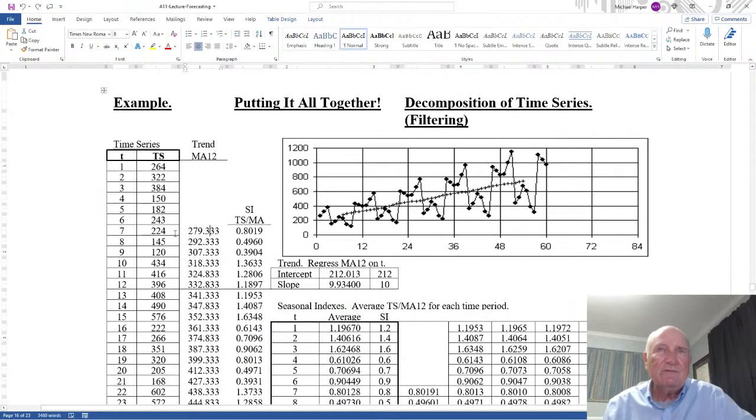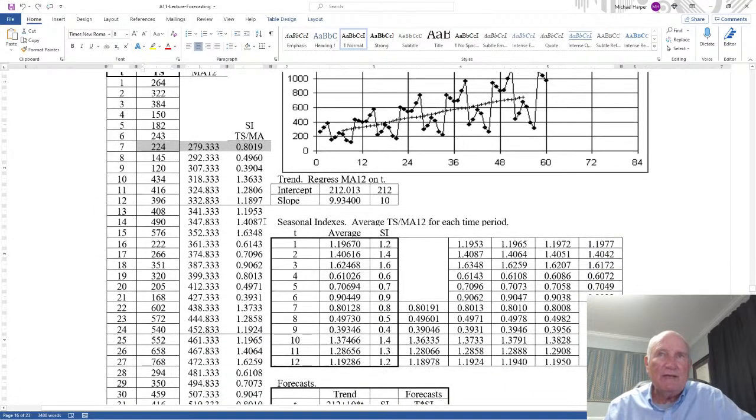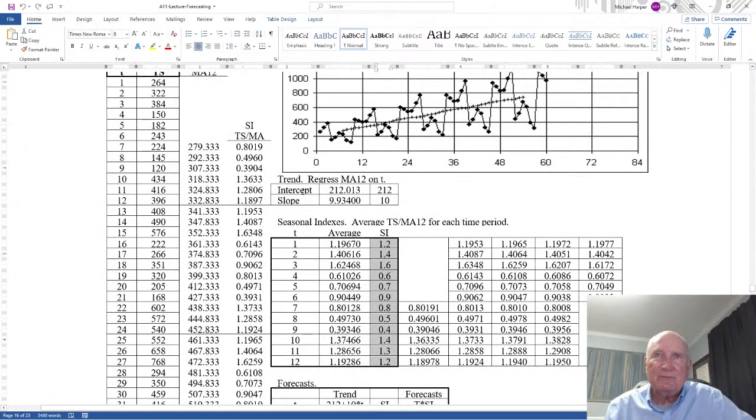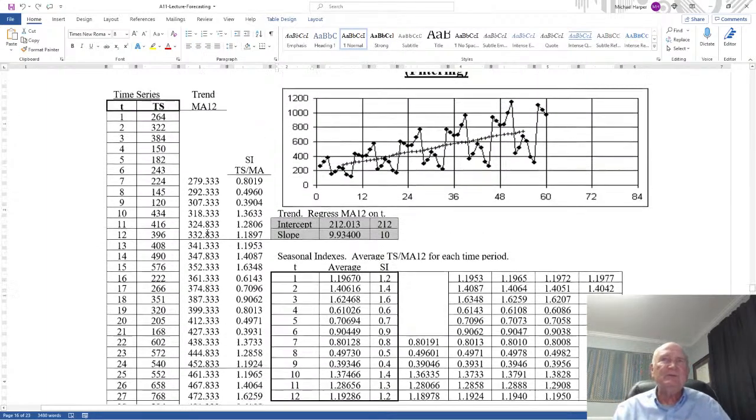Therefore, if I divide my seasonal by my seasonally adjusted, I get my index. And so I pull my indexes down here, I average them, and I estimate my indexes for the months. But then I plot this here, and I can regress a line through this and get my intercept and slope. So this is decomposing your time series using filtering.